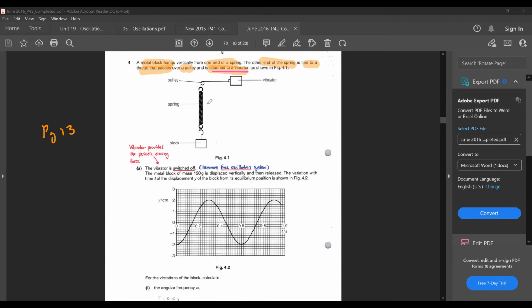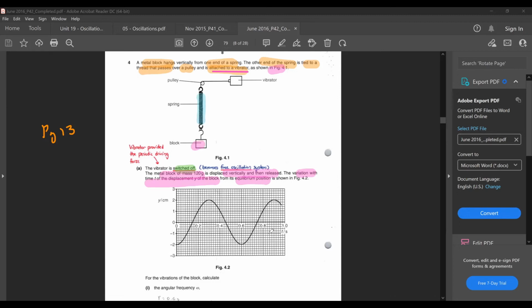They tell you the vibrator is switched off. And then after that, a metal block of mass 120 gram is displaced vertically and then released. The variation with time t of the displacement of the block from its equilibrium position is shown here. If you look at the system right now, this is your spring.